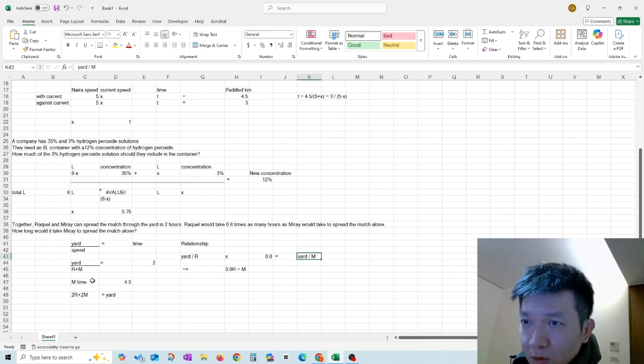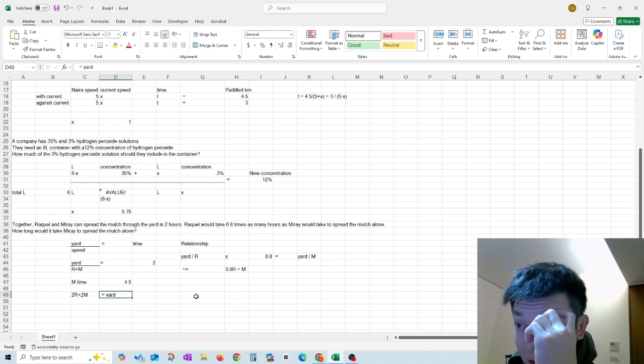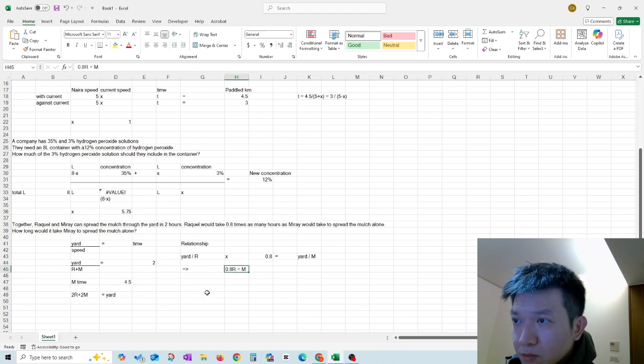And the total yard work will be 2r plus 2m. And Murray's speed is 0.8 r, right? So you find a relationship by just dividing the speed, right? The yard work divided by r.